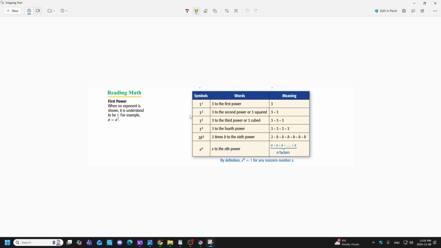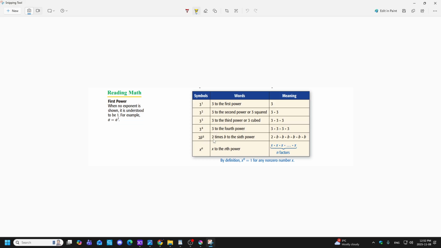So, continuing, if we write 3 to the power of 2, it also means 3 squared. 3 to the power of 3, we can also say 3 cubed. 3 to the 4th power, and 2b to the 6th power.